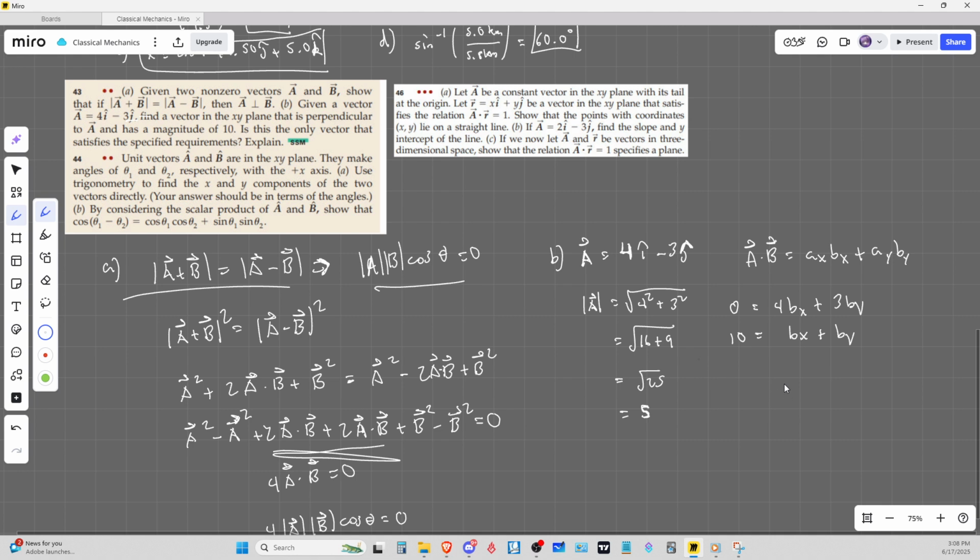Let's get rid of bx. So multiply by -4, and then this would be -40, 0 plus 4b. And right here, that would be negative by, -1.